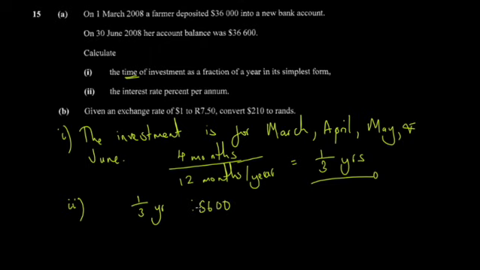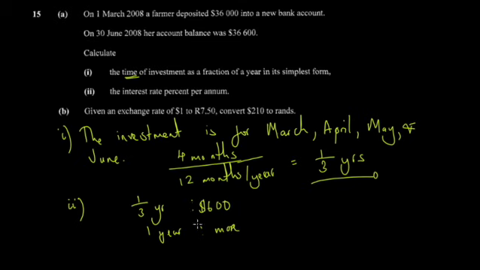So $600. Here you want it for 1 year, so it should be more. You can just invert this and then multiply.